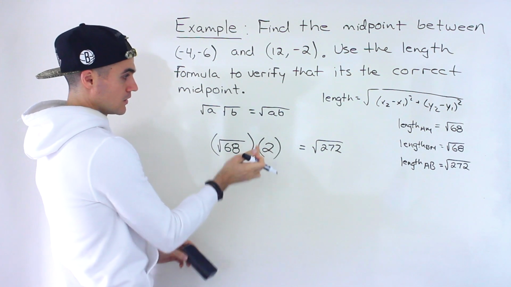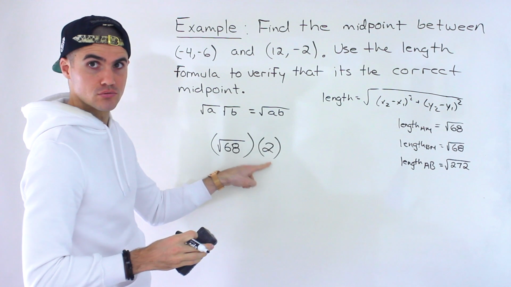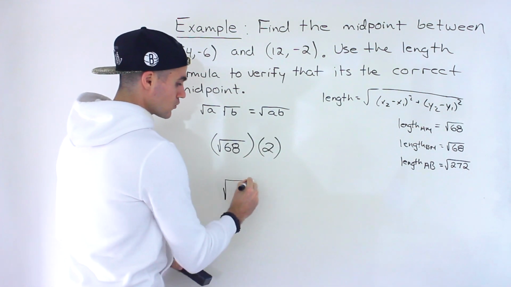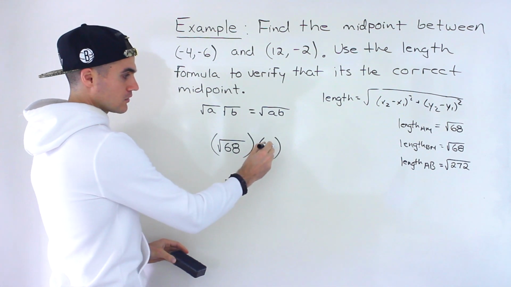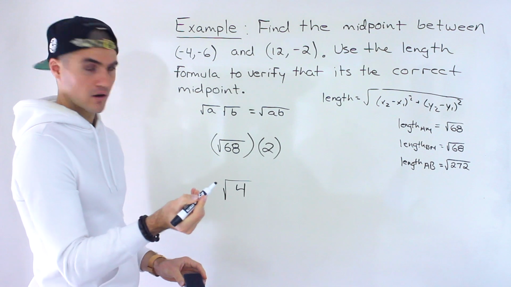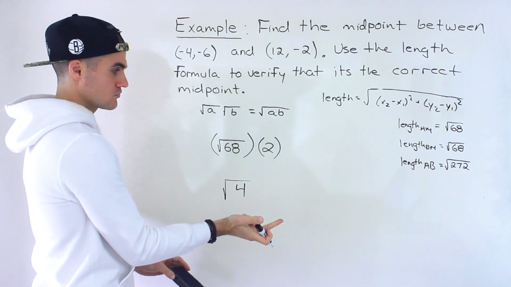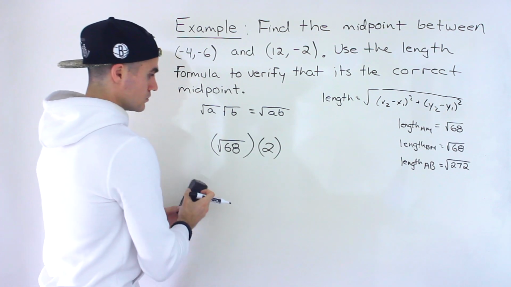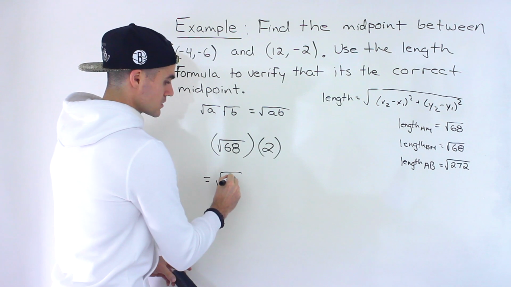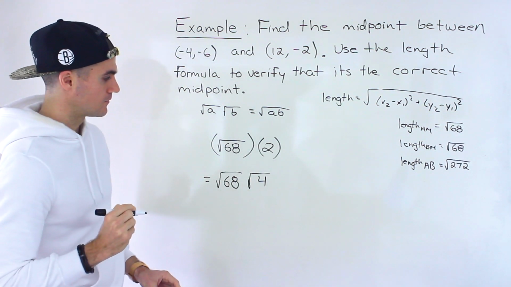So how can we take this 2 and change it so it's the square root of something? Well, 2 is the same as the square root of 4, right? Square root of 4 is 2. And so the square root of 68 times 2 is the exact same thing as the square root of 68 times the square root of 4.